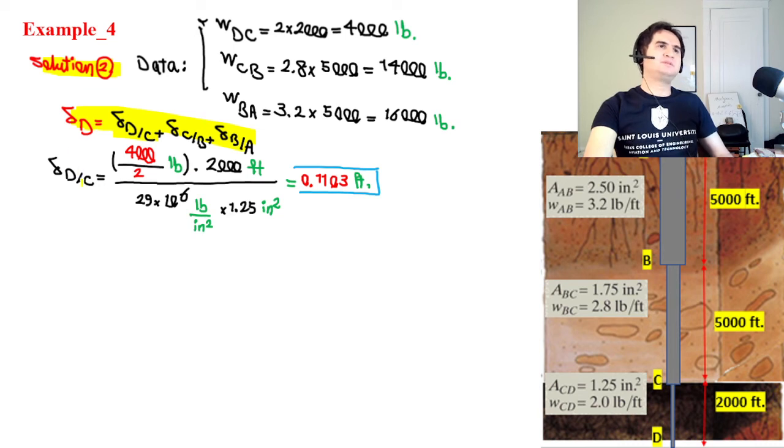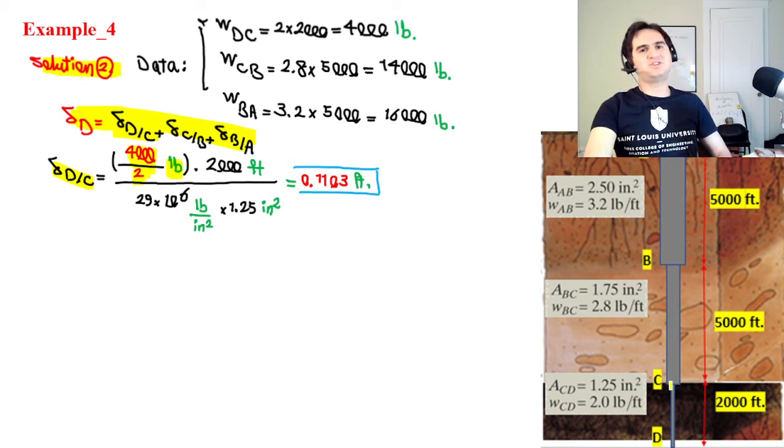For example, delta DC, start from the very last one, from the free end, which is the easier part. To avoid integration, instead of integrating the load, just put half of the weight at the free end. So the total weight is 4000, half of that is 4000 over 2 pounds.